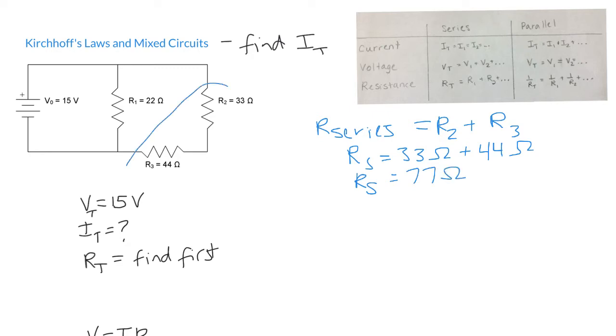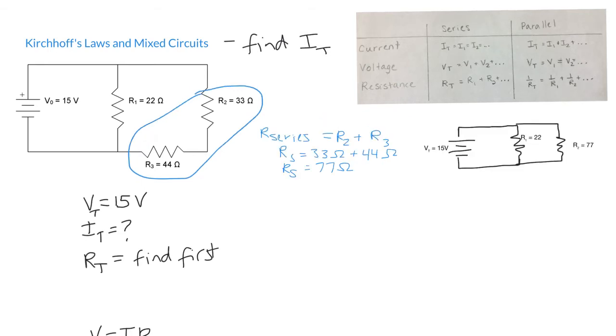So I've included those two together. My circuit, if I redraw it, would have just two resistors: this one here and those combined.